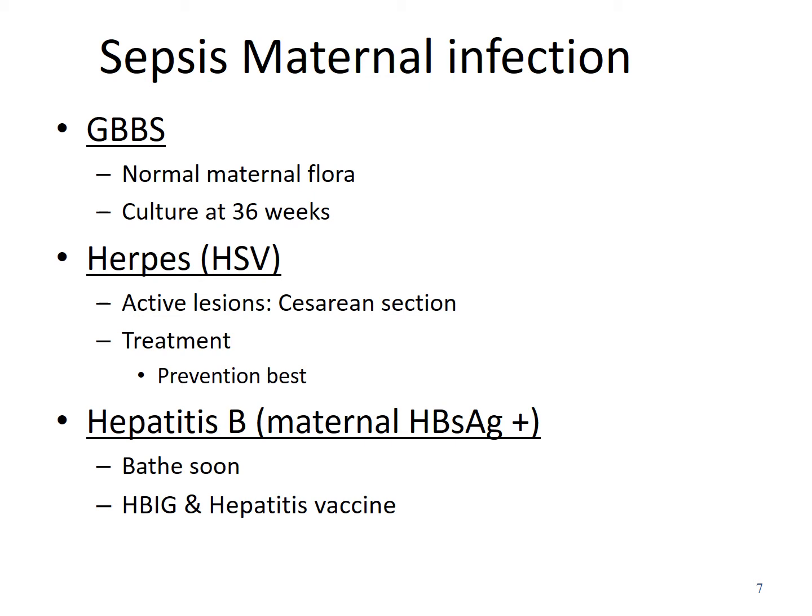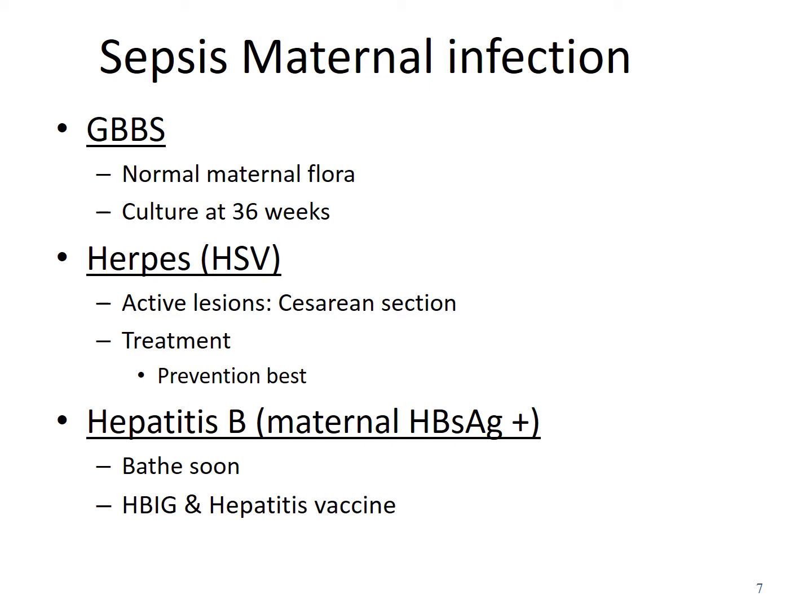If there's no treatment, and this is the early version, meaning the fetus contracted this while in utero, 20% will die in the first 24 hours of birth. Management includes antibiotics to the mom during labor, and afterwards we need to monitor the baby very closely, including CBC and blood cultures.